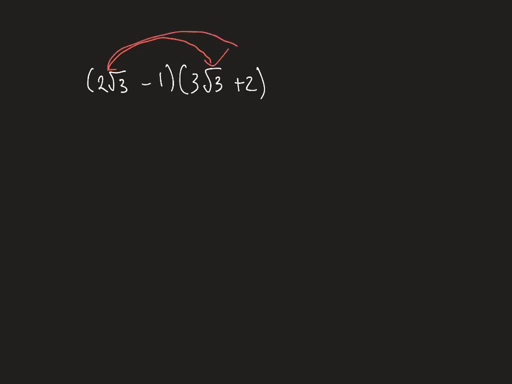Okay, let's finish off with a bang here. So, let's say you have 2 root 3 minus 1 times 3 root 3 plus 2. Well, just like before, Pokemon Go, you need to distribute. So this has to multiply this, and this, this, and this.